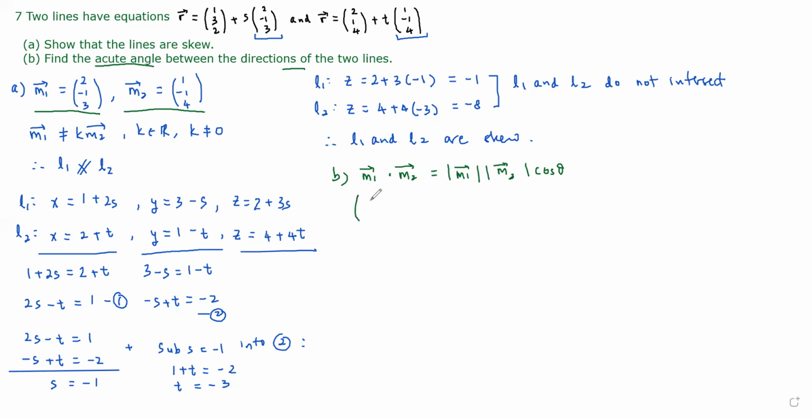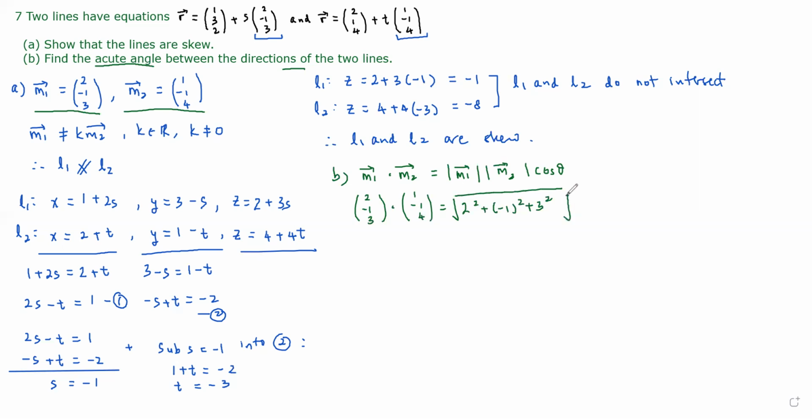The direction vector of line 1 is (2, -1, 3). We dot with the direction vector of line 2, which is (1, -1, 4). The magnitude of line 1's direction vector is the square root of 2 squared plus negative 1 squared plus 3 squared.